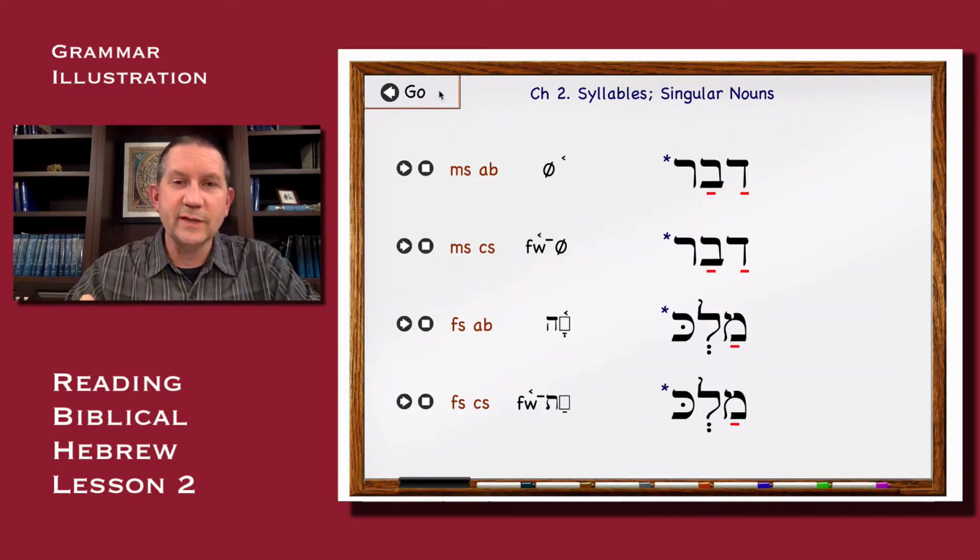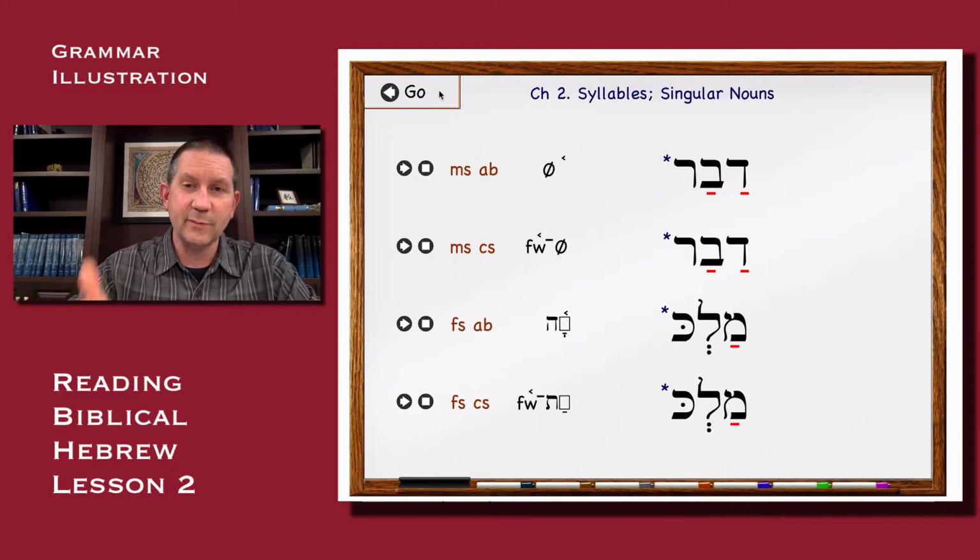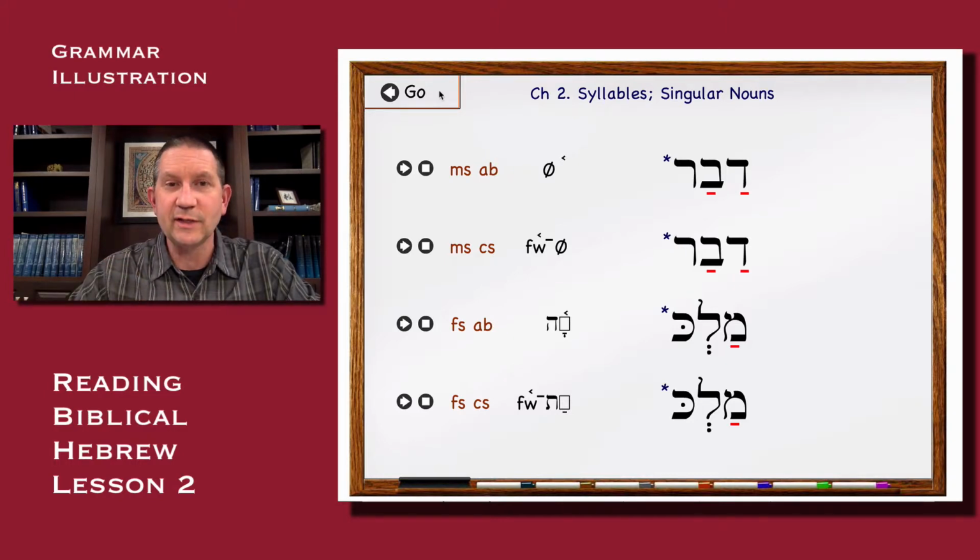So one of the things that happens when you learn the vocabulary word davar and you see it with a kametz under the dalet and a kametz under the bet is that you sort of think that that's where the word has its origin, or that anything that happens with davar is changing that kametz into something else. That's not actually true. Originally, davar would have been something like davarum, and we would have had a patak, a short vowel under each of those.